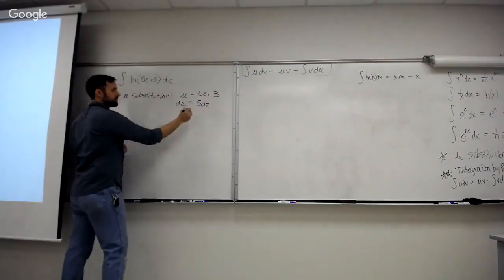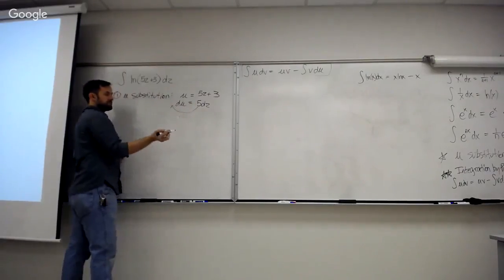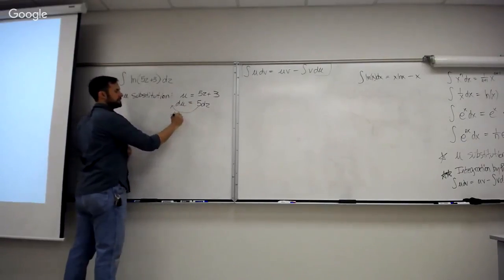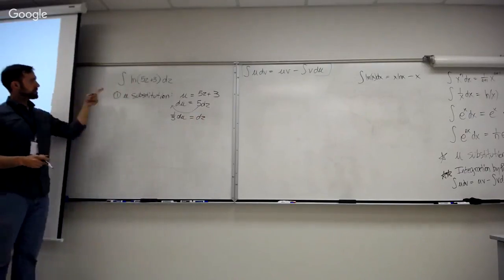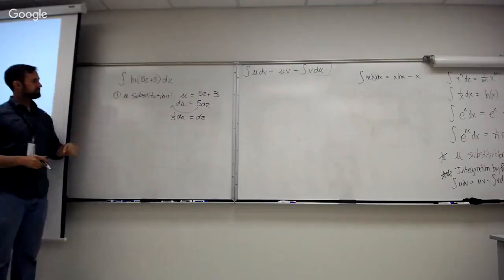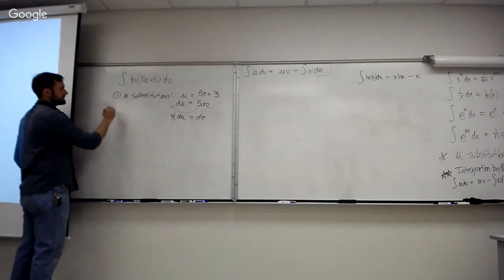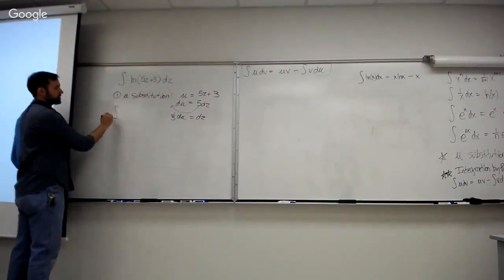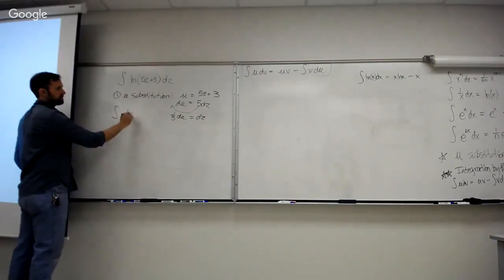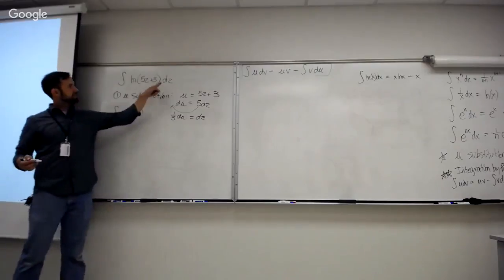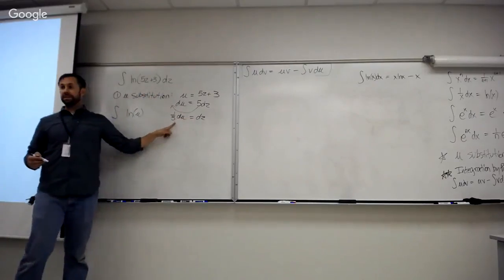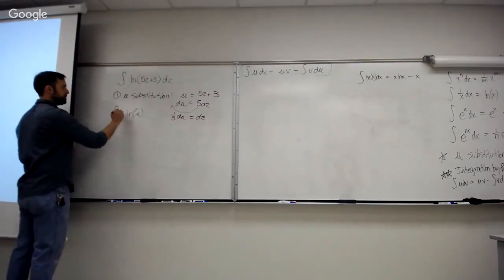And as always, with u substitution, we move that 5 over to the other side, so we have 1/5 du equals dz. So now we can go ahead and do u substitution up here. So our new integral is simply the natural log of u, and we replace the dz component with a 1/5 du. So now we have 1/5.